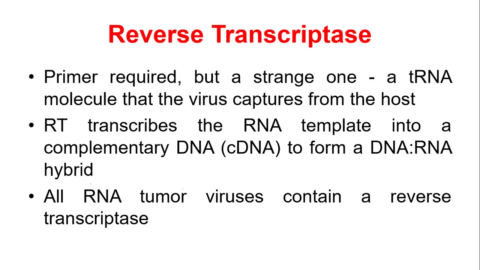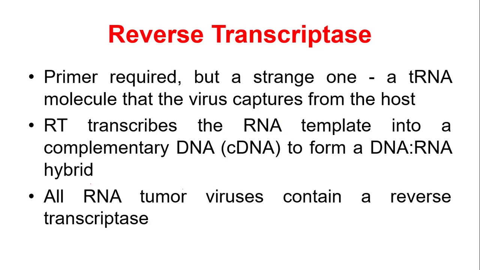Now, in reverse transcription, you see a primer is required, but a strange one: a transfer RNA molecule that the virus captures from the host. Then the reverse transcriptase transcribes the RNA template into a complementary DNA to form the DNA-RNA hybrid. And all the RNA tumor viruses contain a reverse transcriptase.